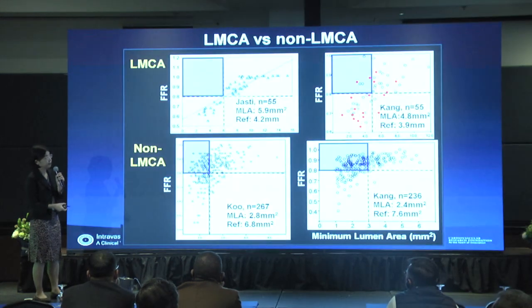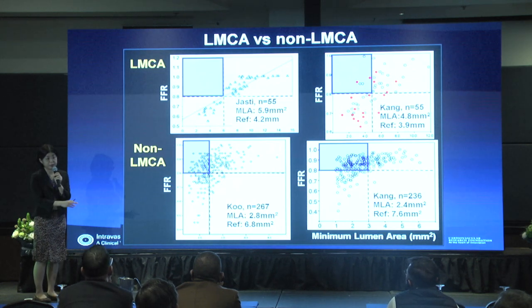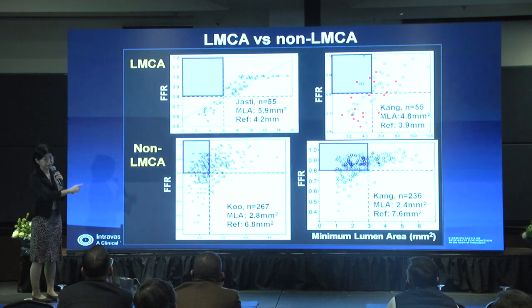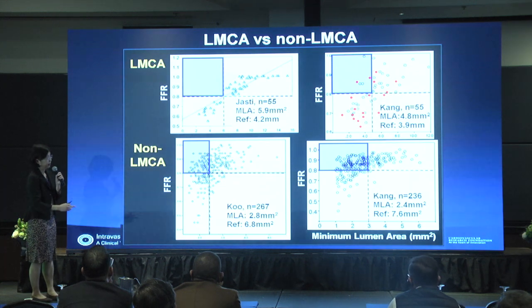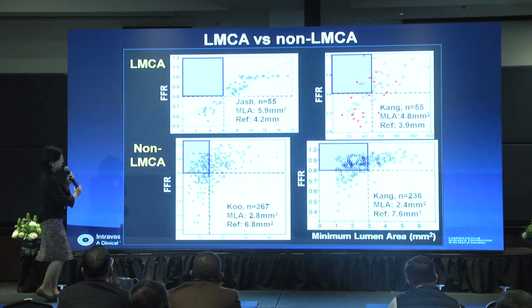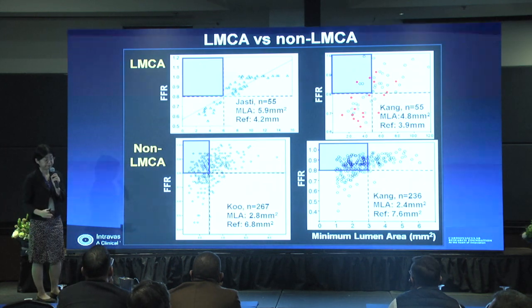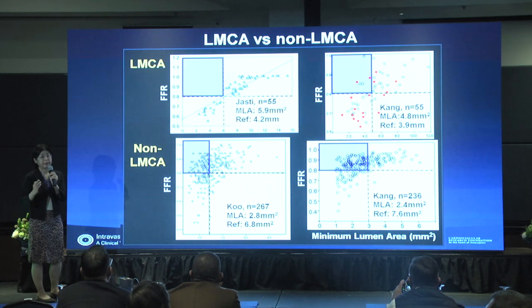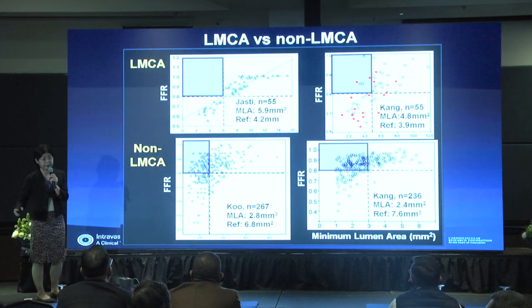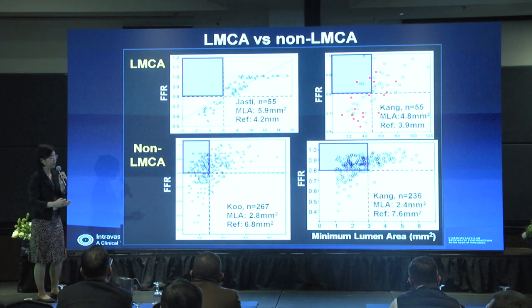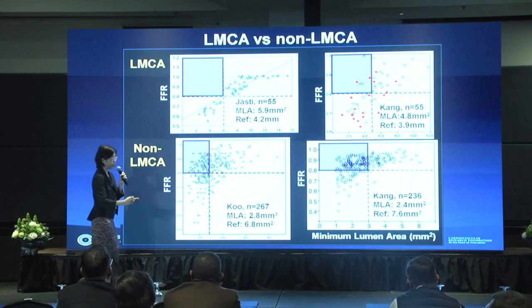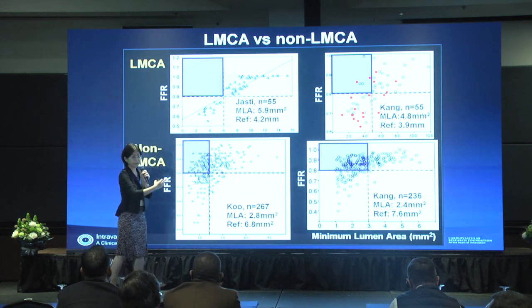And the other important point is this one. This is a correlation between the physiology versus minimum lumen area by IVUS. And what I meant is the bottom is the correlation in the non-left main lesion. So when we analyze the non-left main lesion to compare the MLA and physiology, you see a lot of lesion which apply to here. What does this mean?